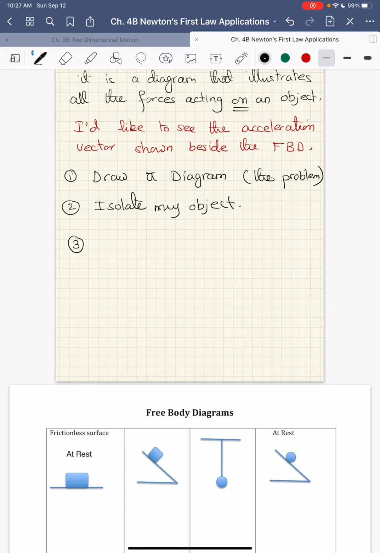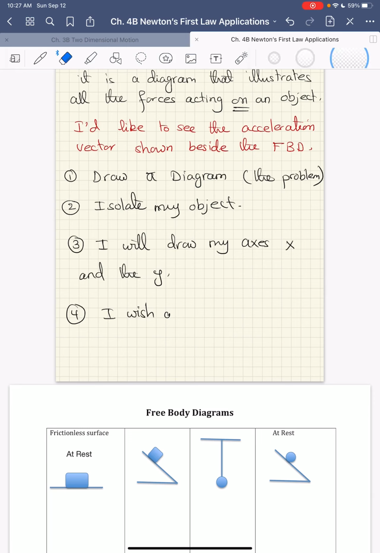Number 3, I will draw my axes, the x and the y. 4, I will show all the forces.